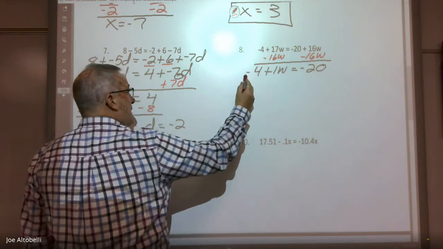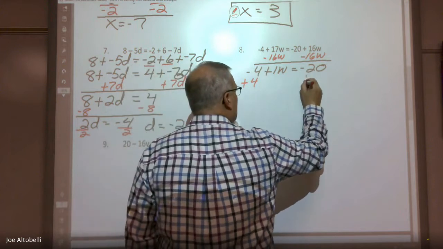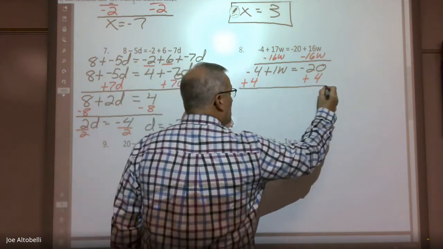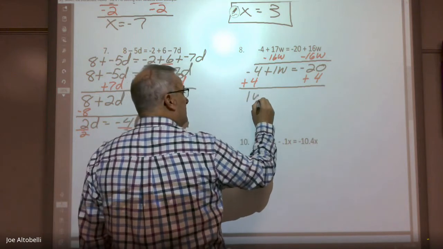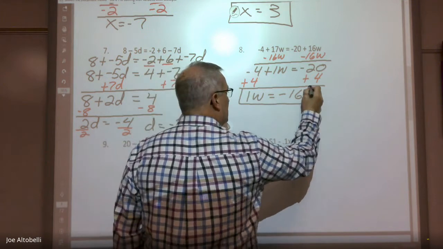To eliminate my -4, I have to add 4. And we have 1W is equal to a -16.